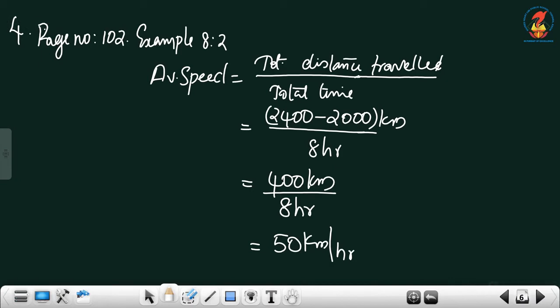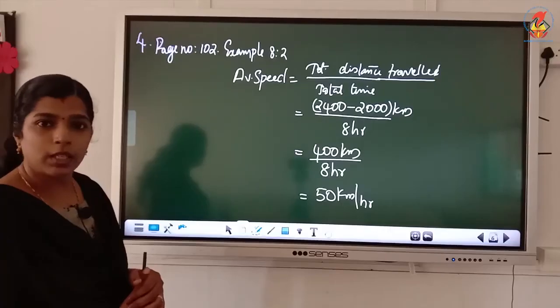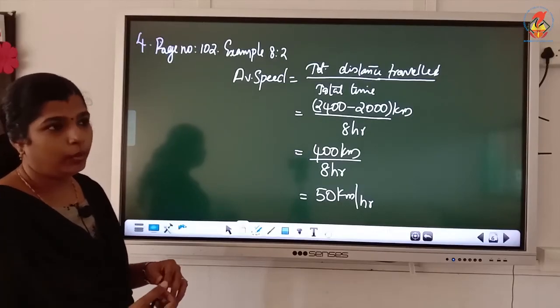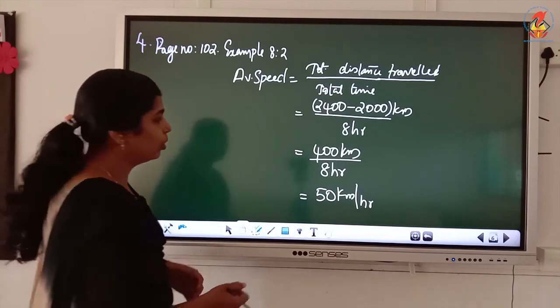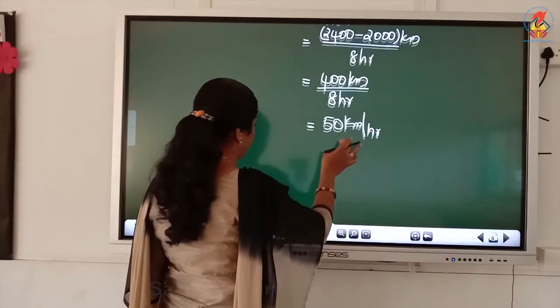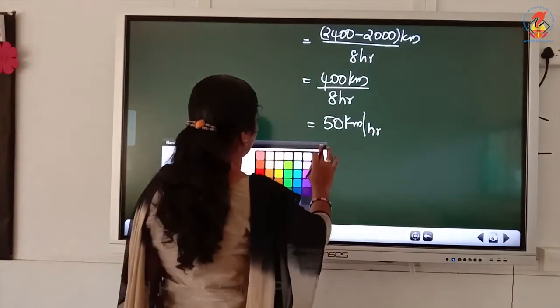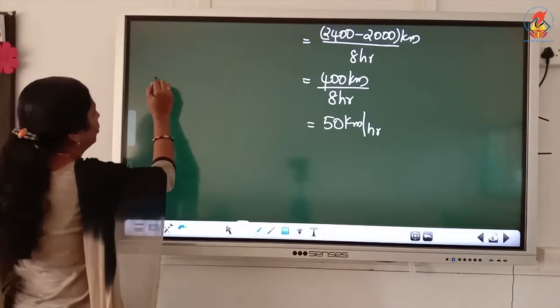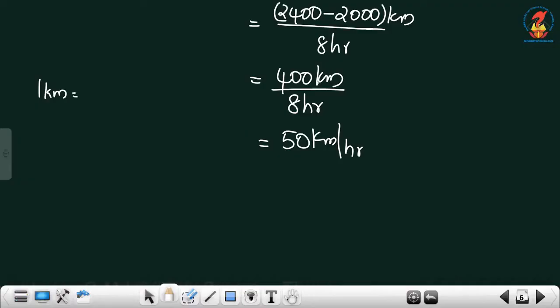Now, we need to convert this kilometer per hour into meter per second. How will you convert it? 1 kilometer, how many meters? 1000 meters. 1 hour, how many minutes? 60 minutes.